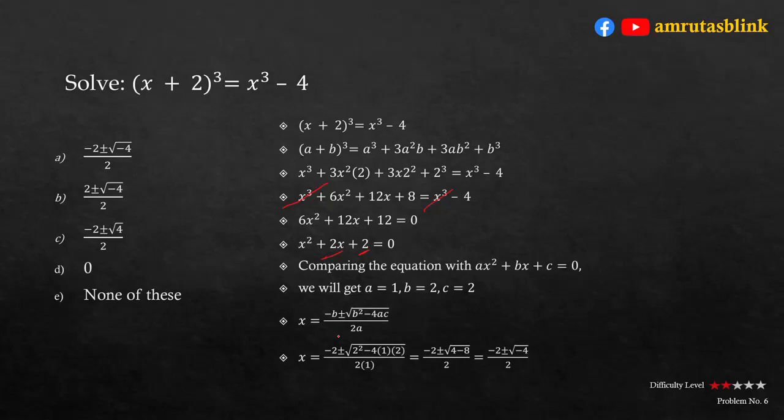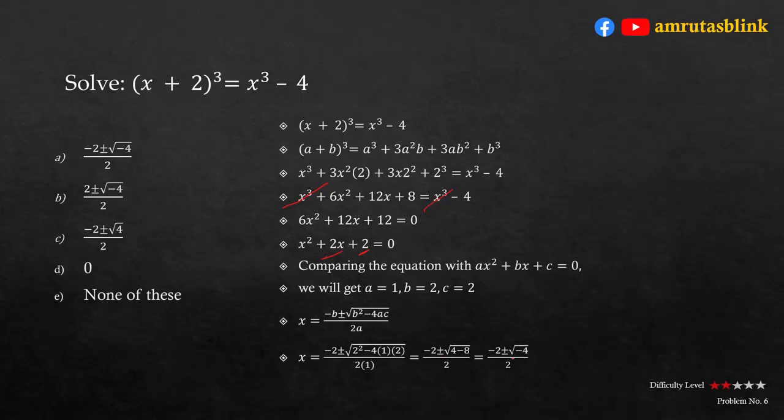So x is equal to minus 2 plus or minus square root of 2 square minus 4 into 1 into 2, upon 2 into 1. So minus 2 plus or minus square root of 2 square is 4, minus 4 into 2 is minus 8, upon 2.